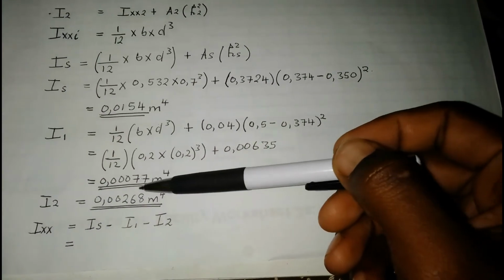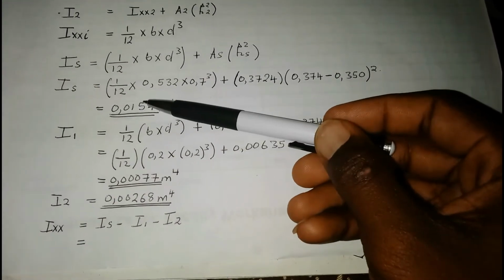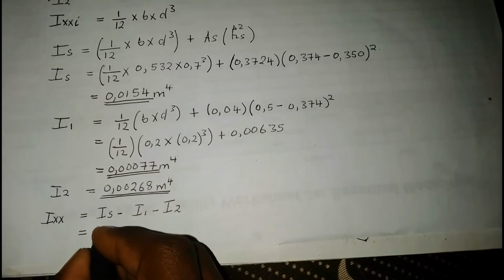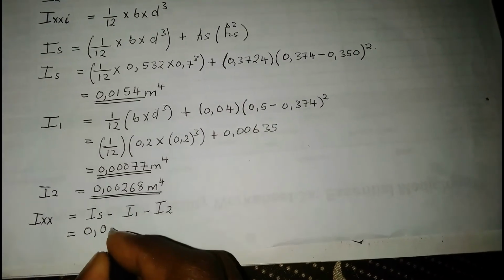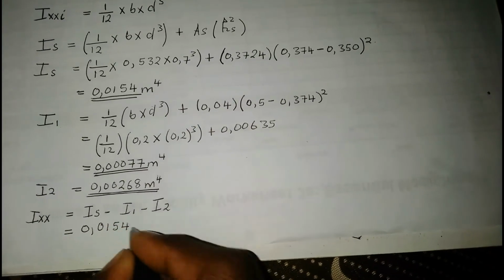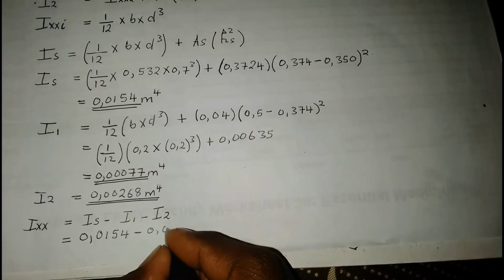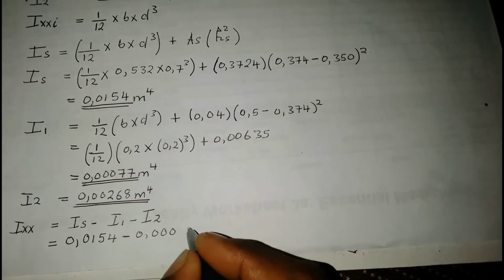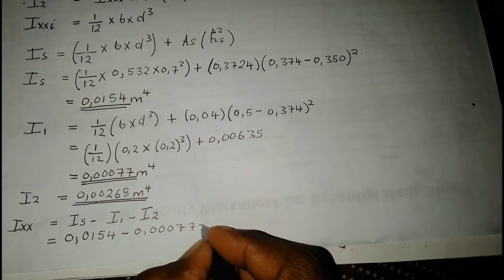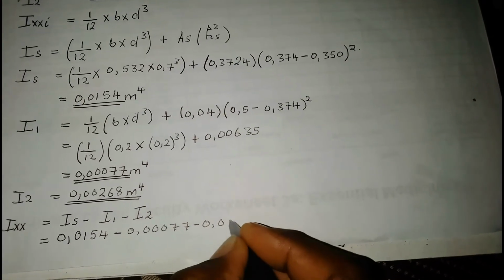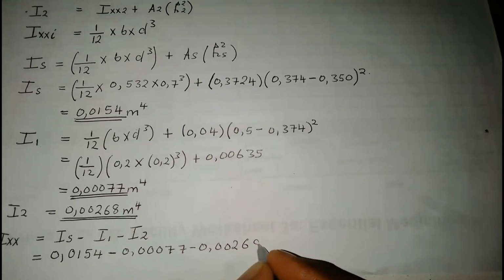Now we're going to calculate for Ixx. Our Is, this is Is, that is 0.0154, and we're going to subtract our I1, which is 0.00077, and we're also going to subtract I2, which is 0.00268.